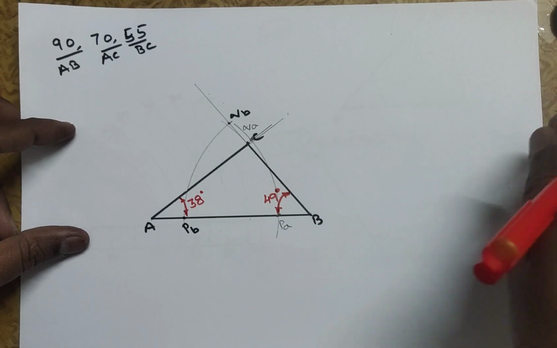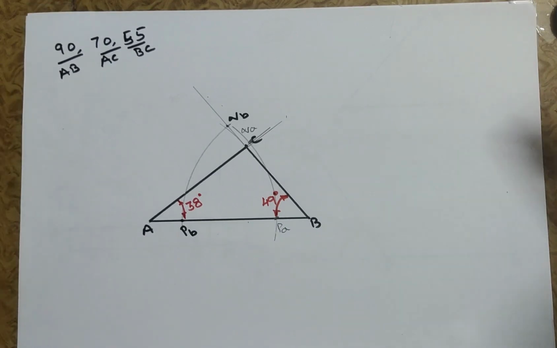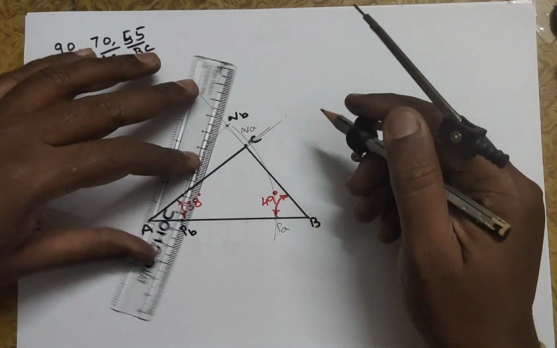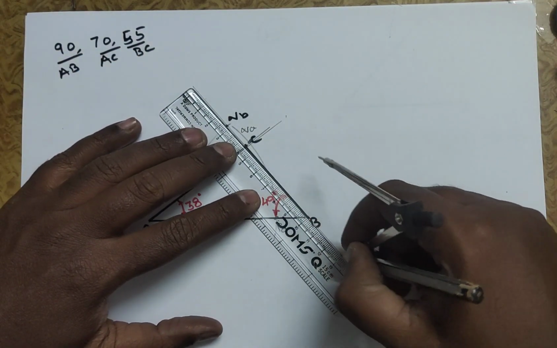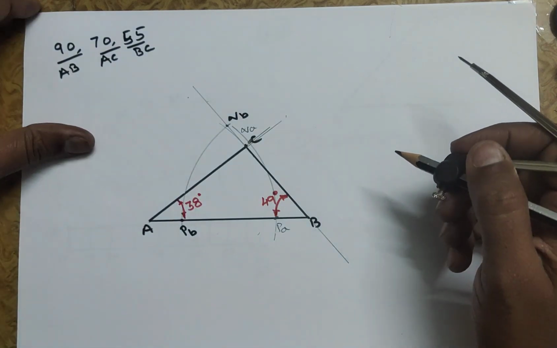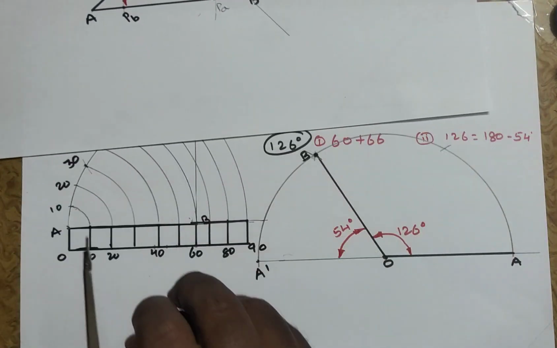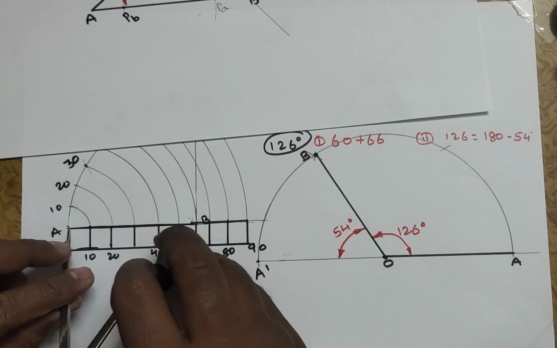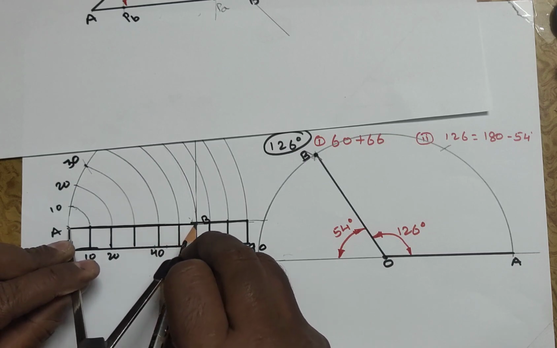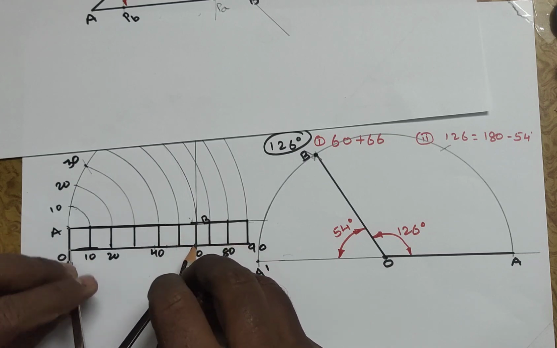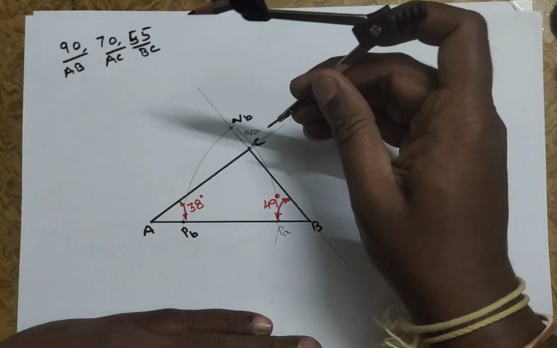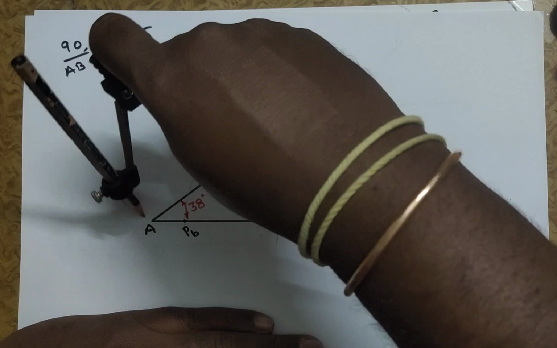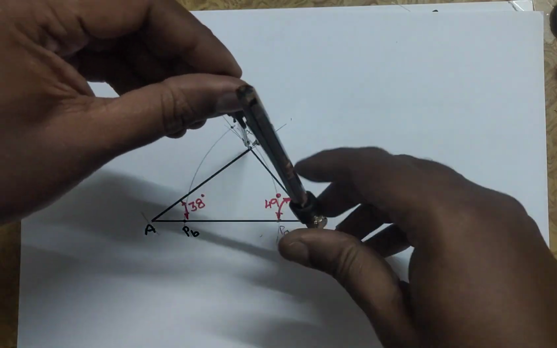Similarly, how to get angle C? Now we have to extend the AC line as well as the CB line. Sometimes the extension is not required, sometimes it is required. With AB or A60 as radius and C as center, we should draw the arc on both the lines.